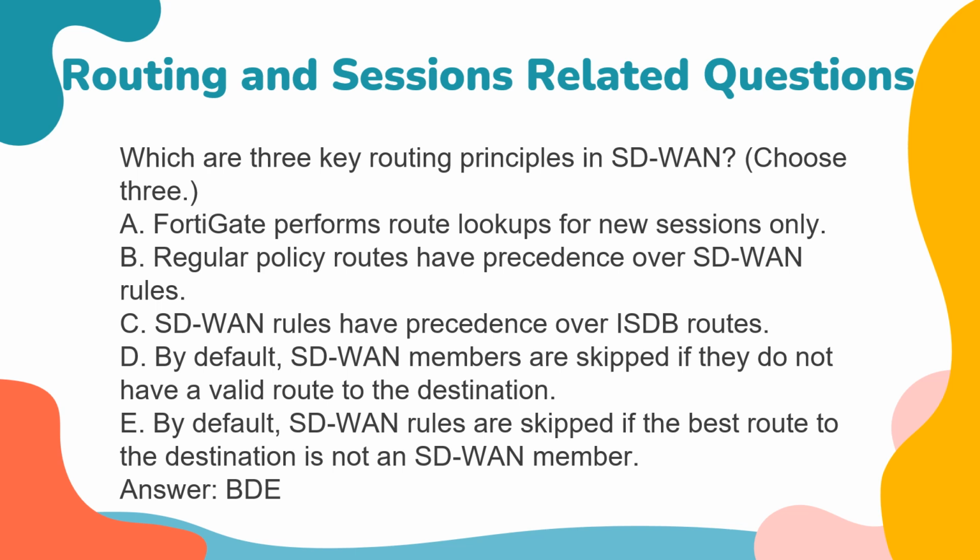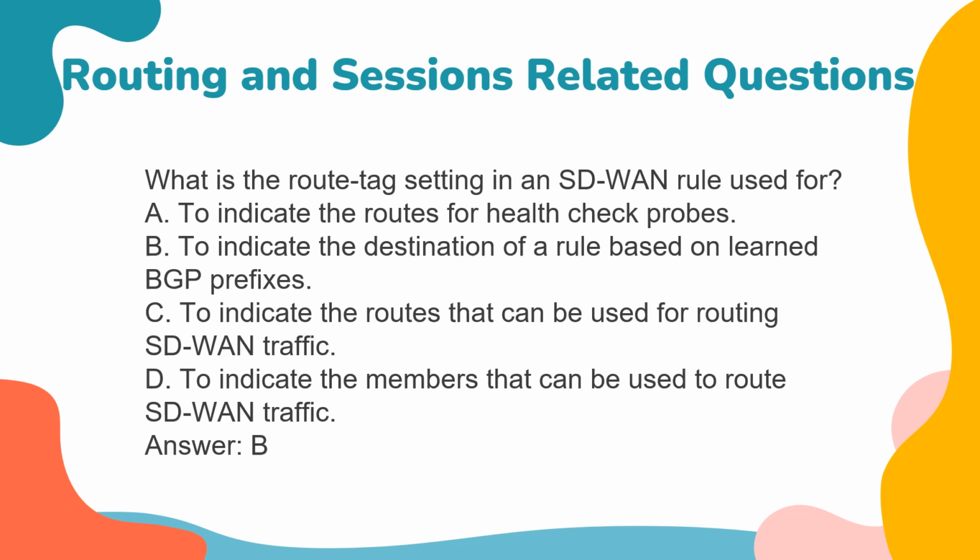D. By default, SD-WAN members are skipped if they do not have a valid route to the destination. E. By default, SD-WAN rules are skipped if the best route to the destination is not an SD-WAN member. Answer: A, D, E.